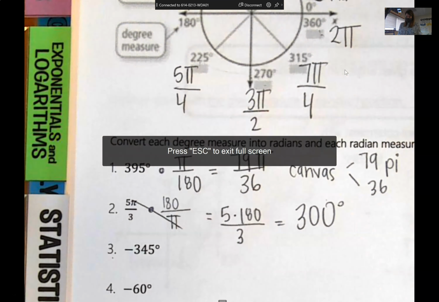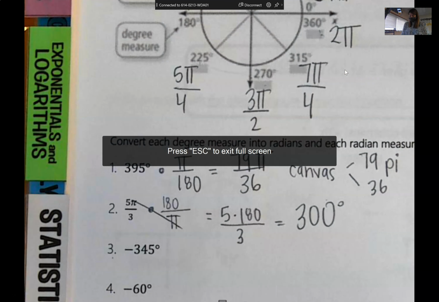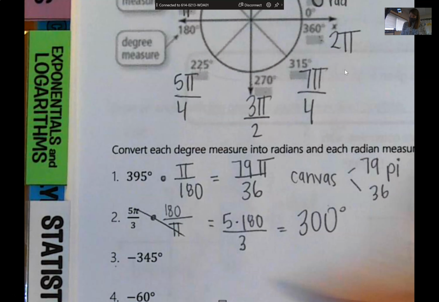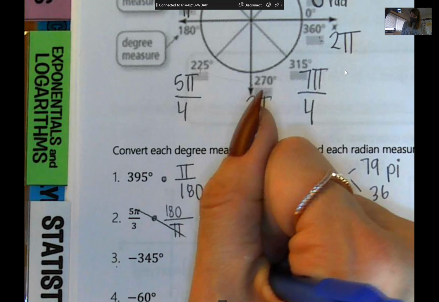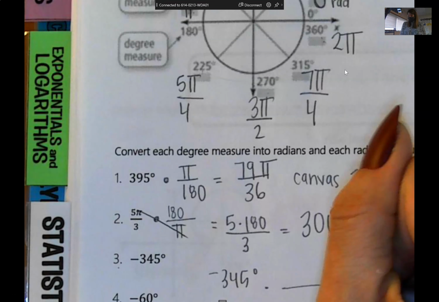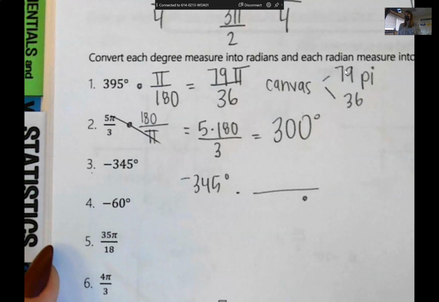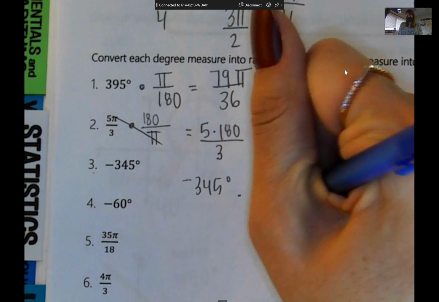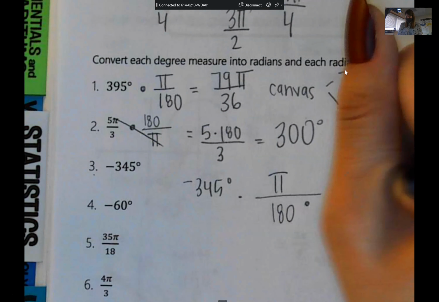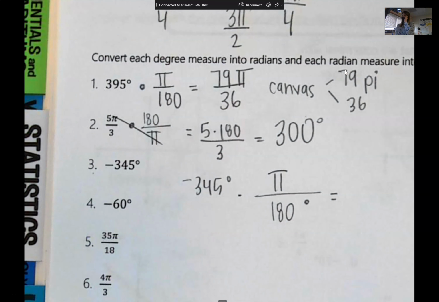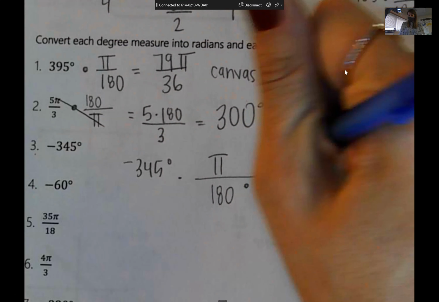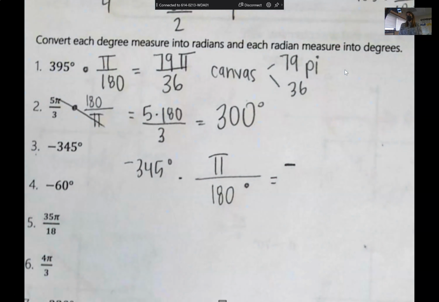Okay. So negative 345, this is our first one with a negative. So I am going to do negative 345 degrees times, well, degree has to be in the bottom, so that means 180 will be in the bottom, pi will be in the top. When I go to write my answer for this for Canvas, I'm going to put my negative in the numerator.